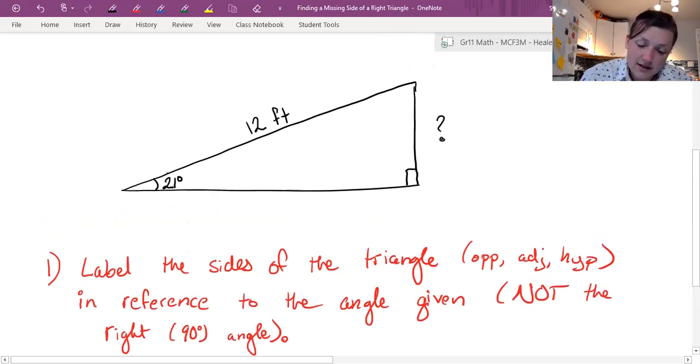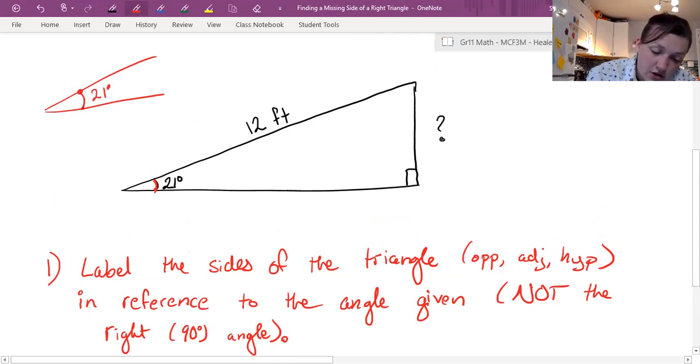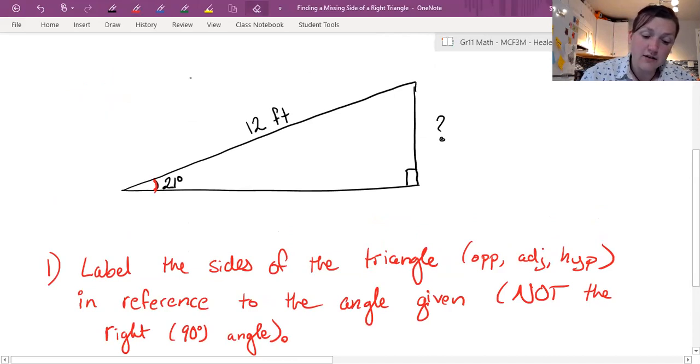So up here, let's do that. The angle they gave us is this 21-degree angle. And I just draw this little symbol. Whenever you see an angle anywhere and it has this symbol, it just means they're showing you that I label this 21 degrees, going from here to here. So it's the angle between those two parts. That's important because you might get a question later where there are two angles labeled.